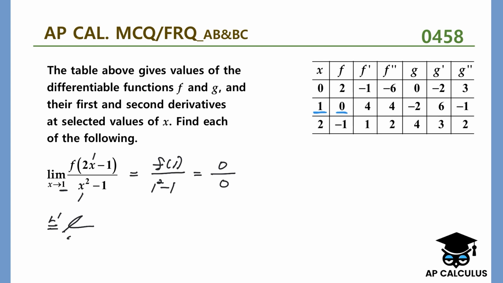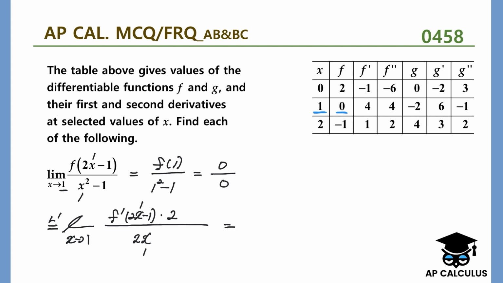So the limit as x approaches 1, the derivative of the numerator is f prime of 2x minus 1 times, by the chain rule, the derivative of 2x minus 1, which is 2. And the derivative of the denominator, x squared minus 1, is 2x. Now substitute 1 for x.